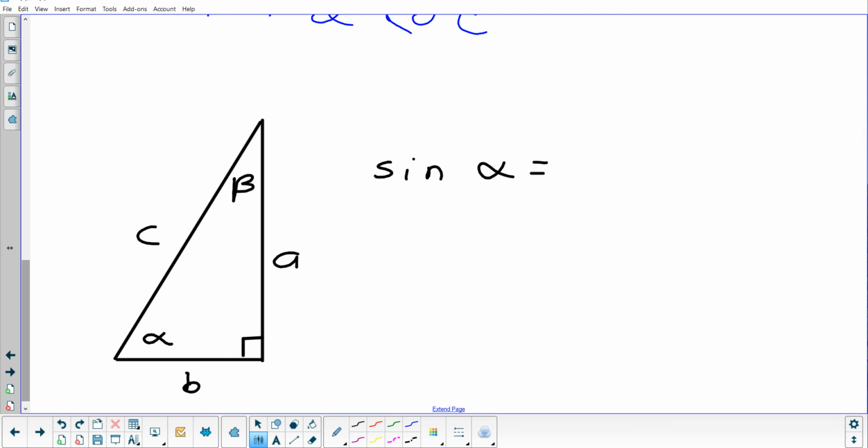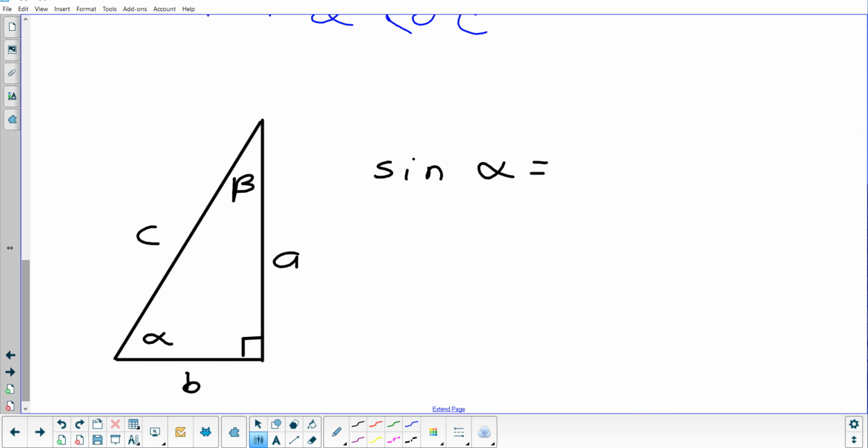Noah, can you remind us, what's the definition of sine? Isn't it y value over x value? If you were doing unit circle trig, it would be just the y value. But how about on a right triangle? Yep. Opposite over hypotenuse.